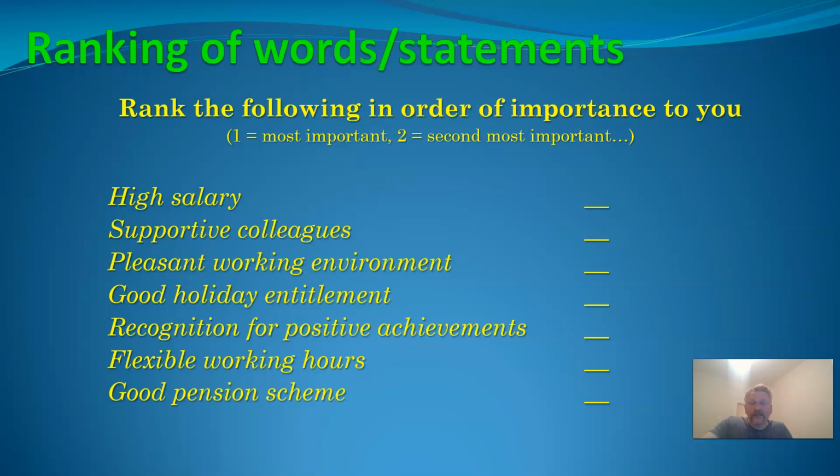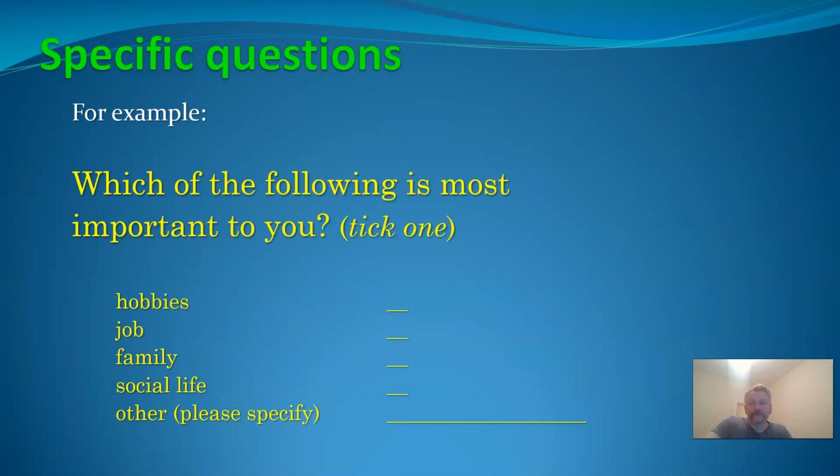Well, there might be something on there that you haven't thought of. Maybe there's something about work that's really important to some people that doesn't appear on this list, and so they've got nowhere to indicate what it is that's important to them.